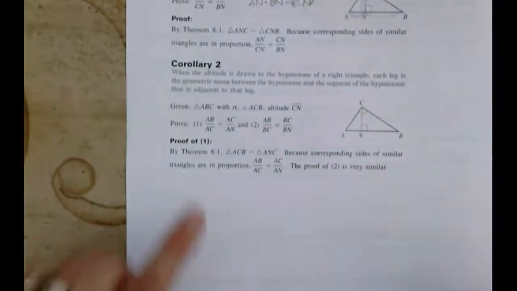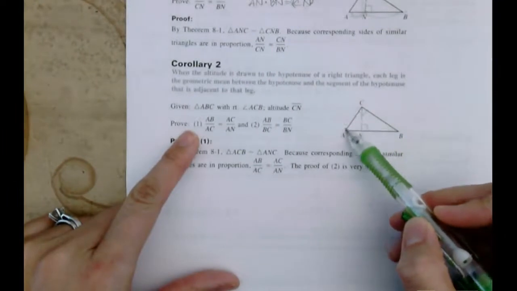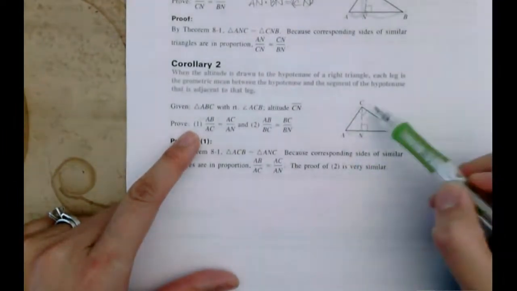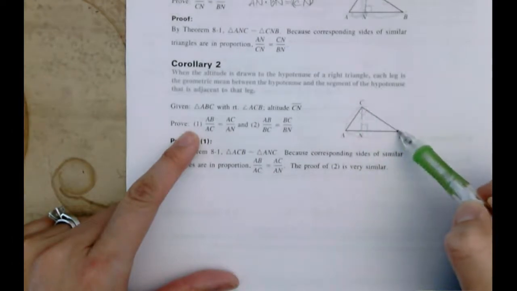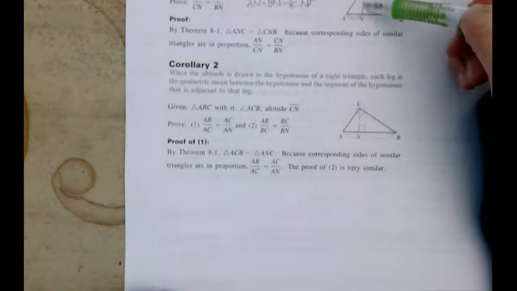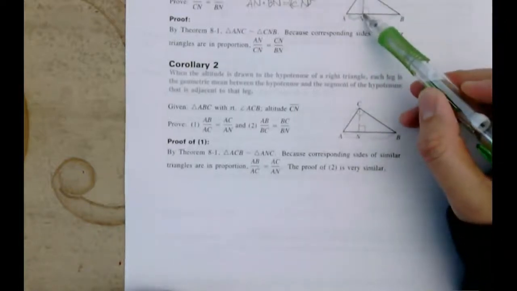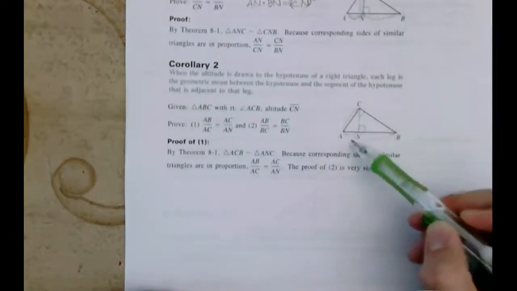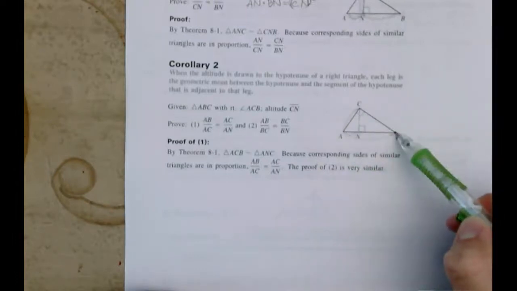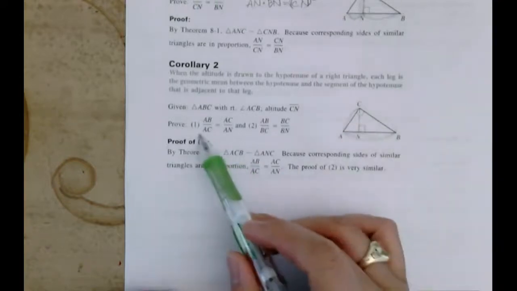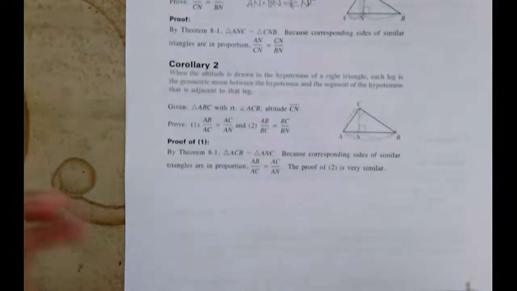But this is a geometric mean of this and this, and this is a geometric mean of this and this. So the middle one is a geometric mean of stub and stub. This one is a geometric mean of a stub and a whole. This one is a geometric mean of a stub and a whole. Okay, it needs a little bit of practice.